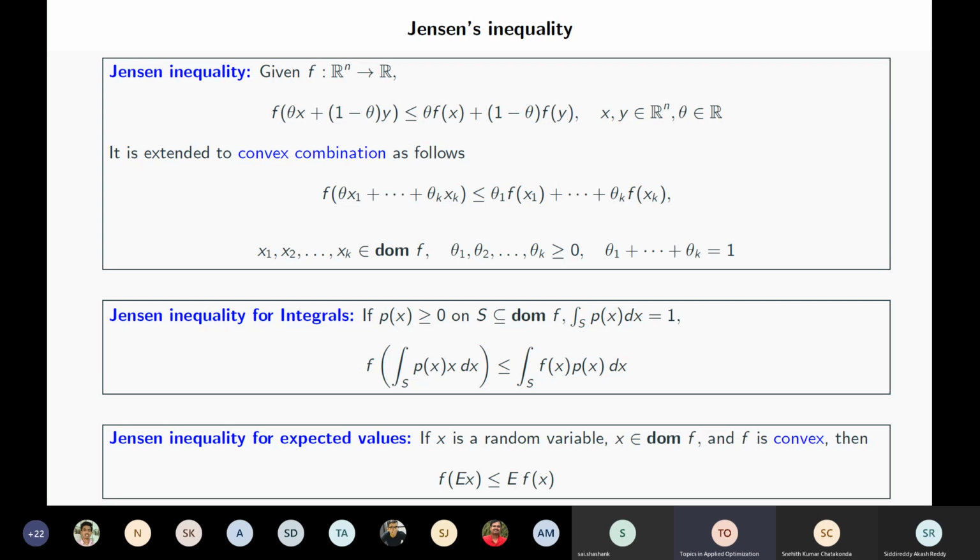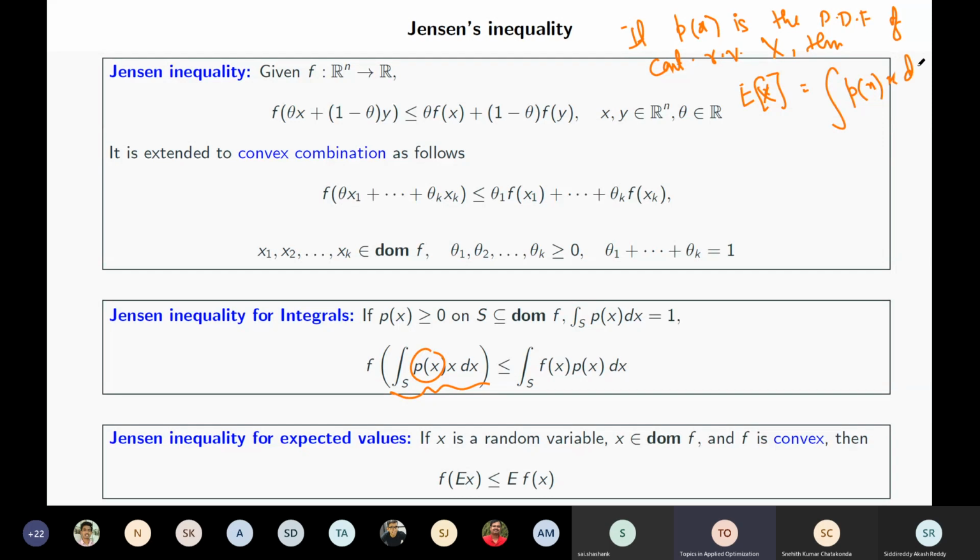It can also be used to write it for expectation. In probability, this is the expectation of x, assuming that p(x) is the PDF of the random variable x. If p(x) is the probability density function of a continuous random variable x, then the expectation of x is defined as the integral of p(x) x dx.